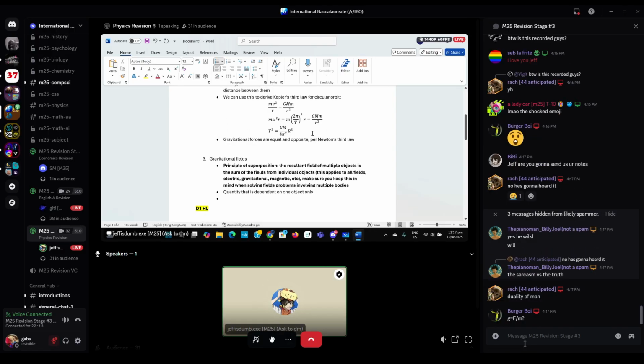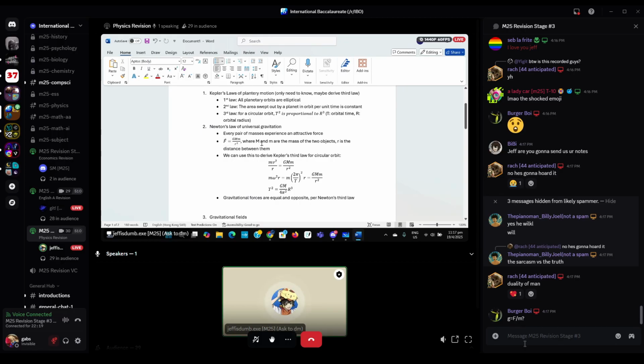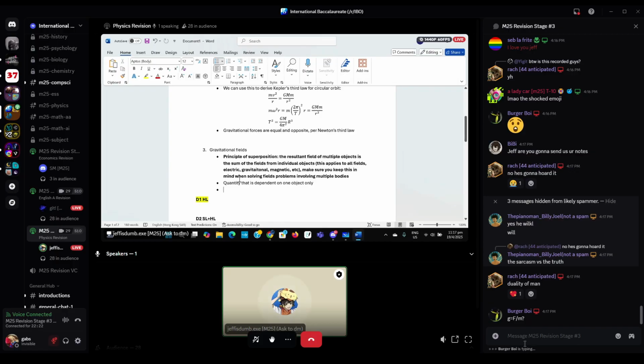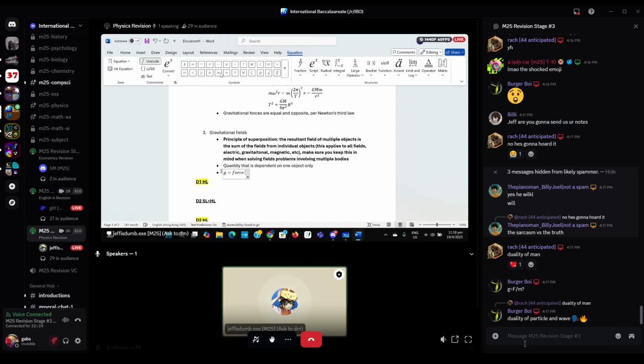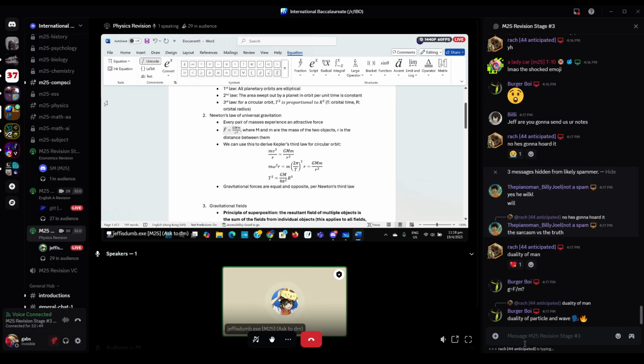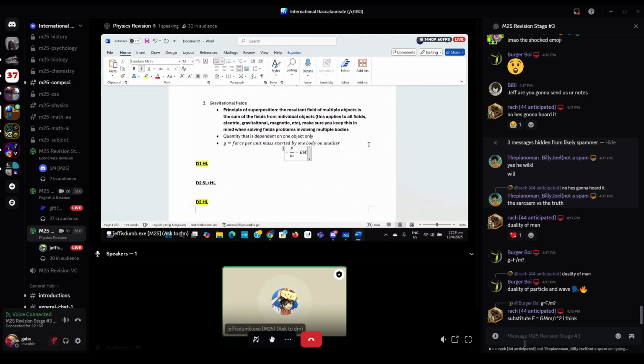Let's say force is equal to GMm over r squared. Then we can define the gravitational field strength as the force per unit mass exerted by one body on another, so it equals F over m, because that's how it's defined. When you divide this equation by m, you get GM over r squared.